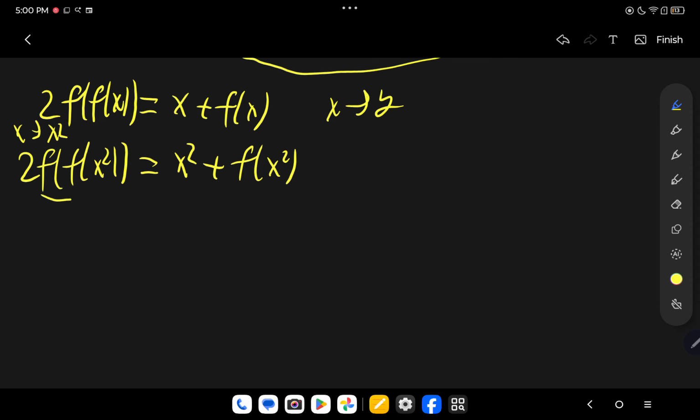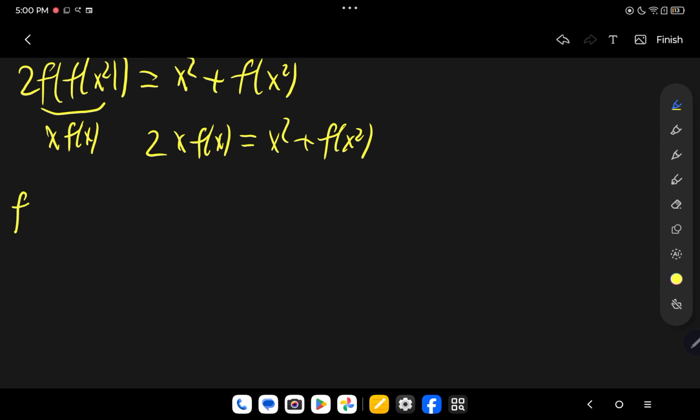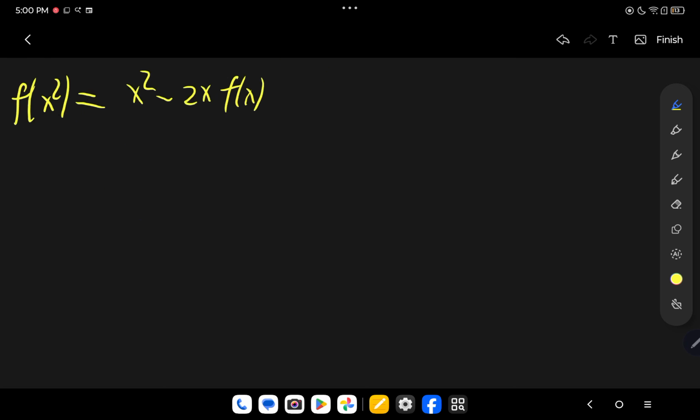So we know that this is equal to x f(x), so we get 2x f(x) is equal to x square plus f(x square), and from this we know that f(x square) is equal to 2x f(x) minus x square. And here we will use this method, replacing.